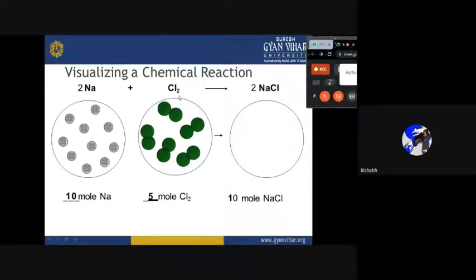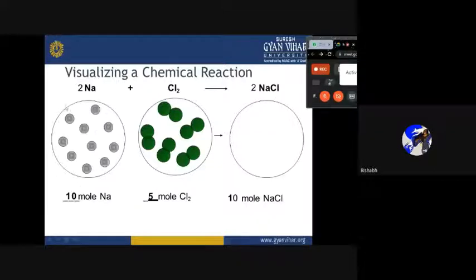Okay, so here 2 moles of sodium and 1 mole of chlorine molecule. Okay, so when they react, they are forming 2 NaCl. Here they got 2 moles of both sodium as well as chlorine.